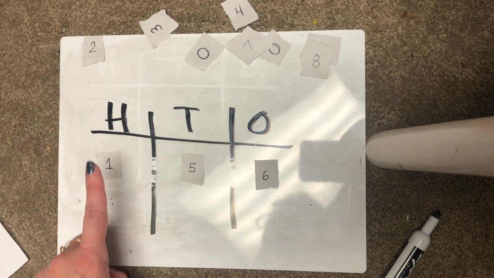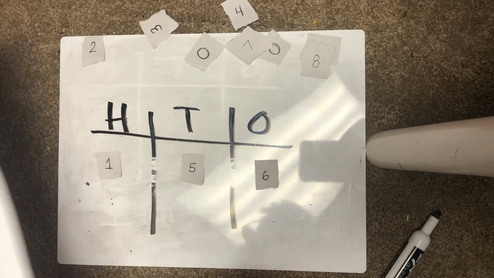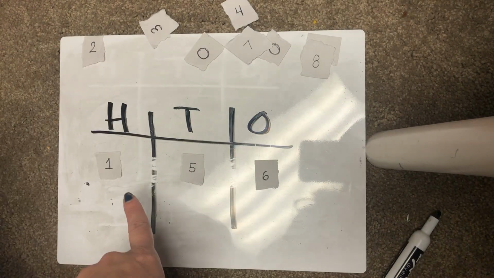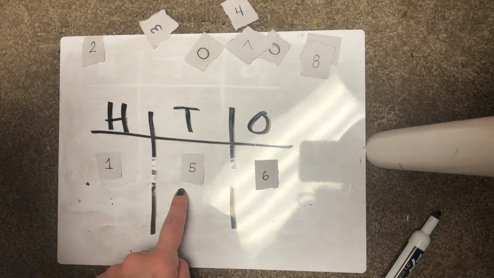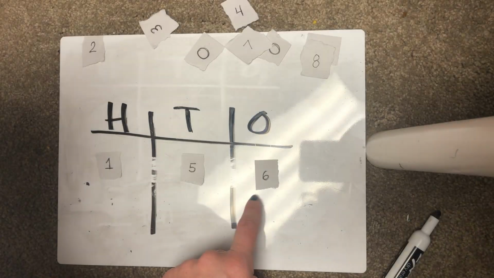And if we were allowed to include the hundreds, the tens, and the ones, we would write it just like this: 1 hundred, 5 tens, and 6 ones.